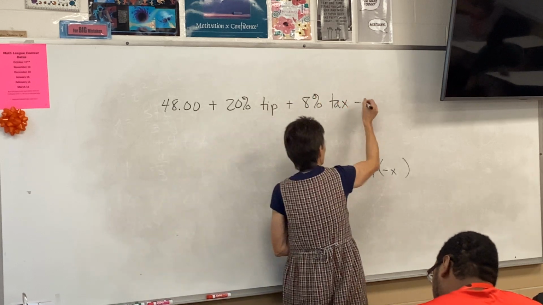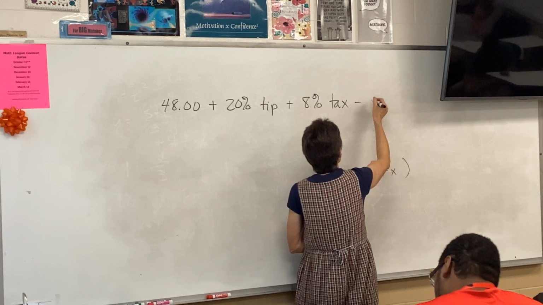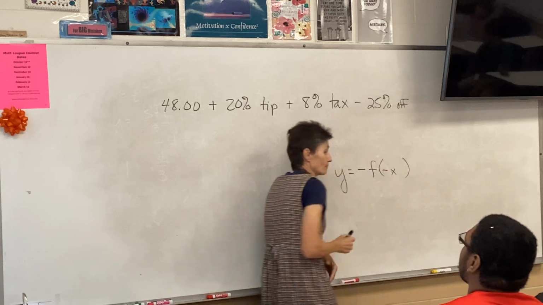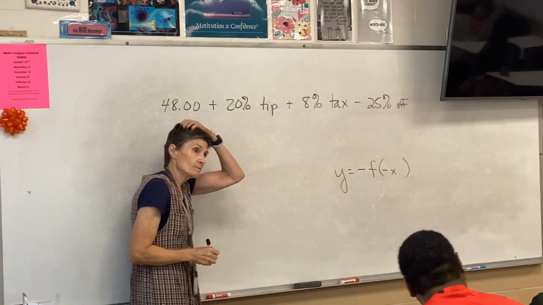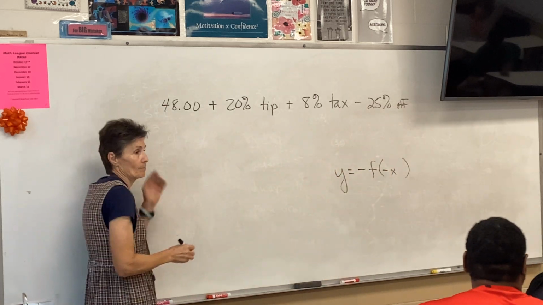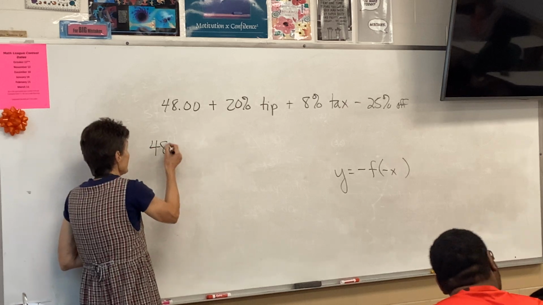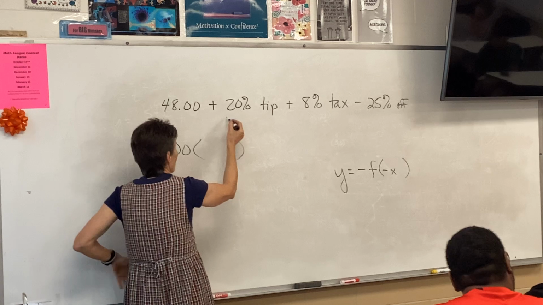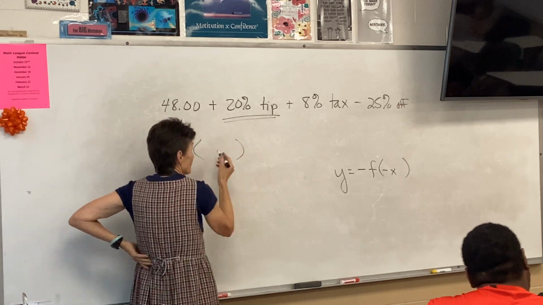But luckily, I found an online coupon for 25% off. Okay, so what would this look like? Well, I'm gonna start with my $48, right? Now, what am I gonna multiply by? What will this look like?